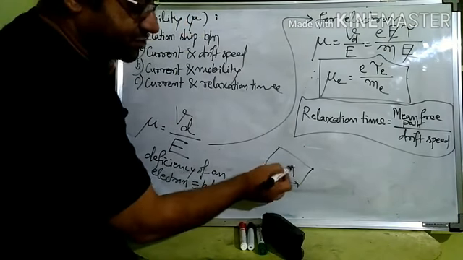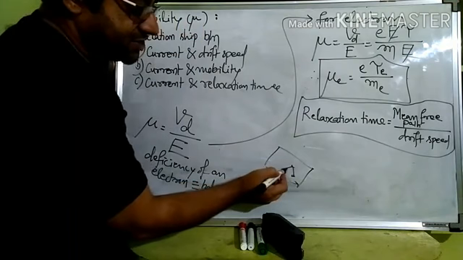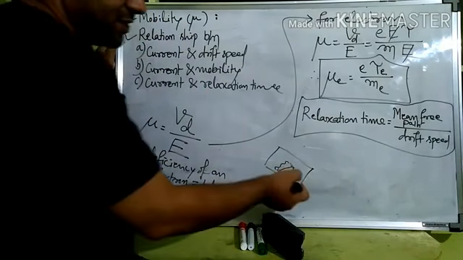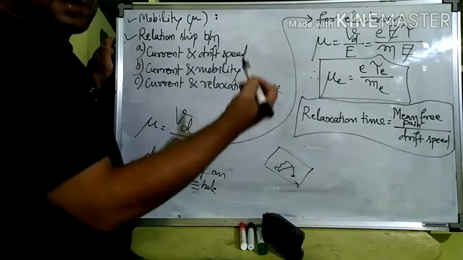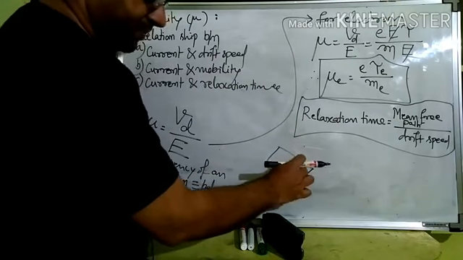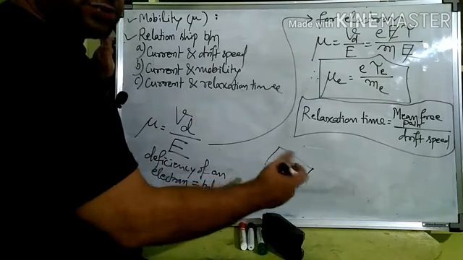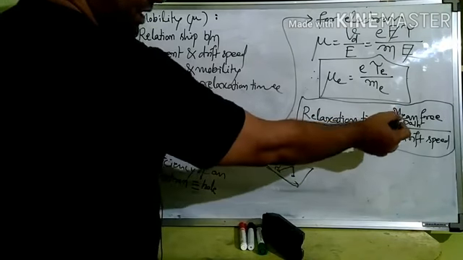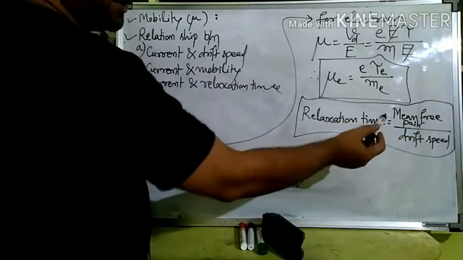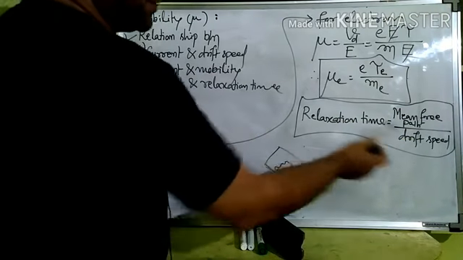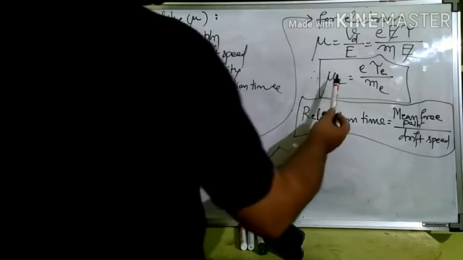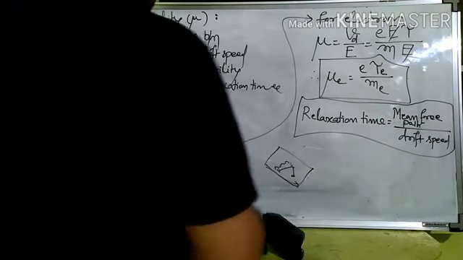Between two successive collisions, whatever is the path, in the second and the third collision, whatever is the path, this path is changing. So the mean of all the paths between two successive collisions is called the mean free path, divided by the drift speed is the relaxation time. In other words, drift speed is equal to mean free path by relaxation time. You can say it this way also, and μ is equal to Vd by E.